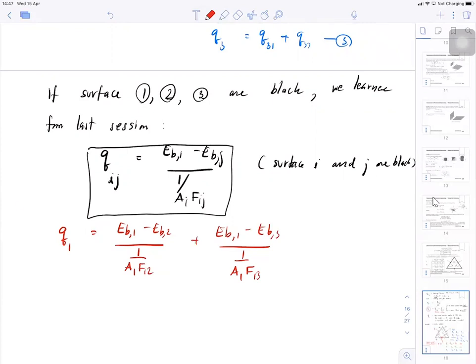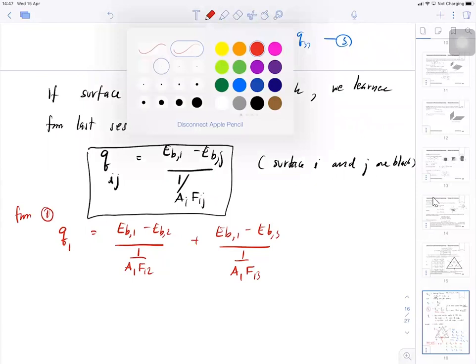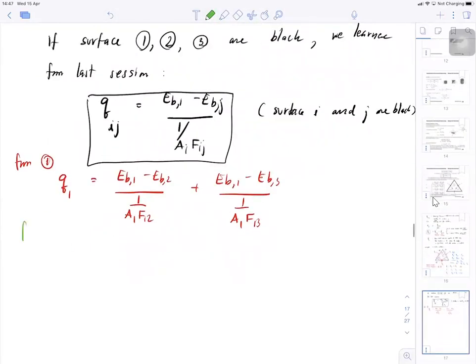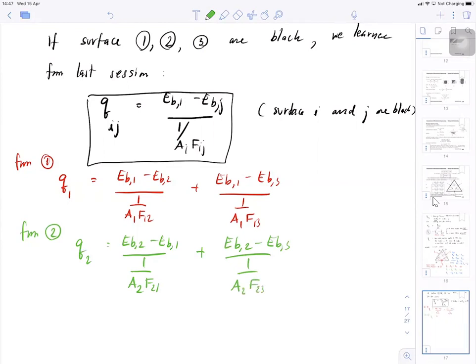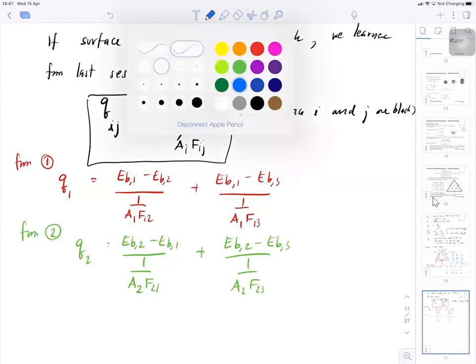Okay, this is from 1. And now together with the green equation, Q2 is going to be equal to E_B2 minus E_B1 over 1 over A2 F21 plus E_B2 minus E_B3 over 1 over A2 F23.